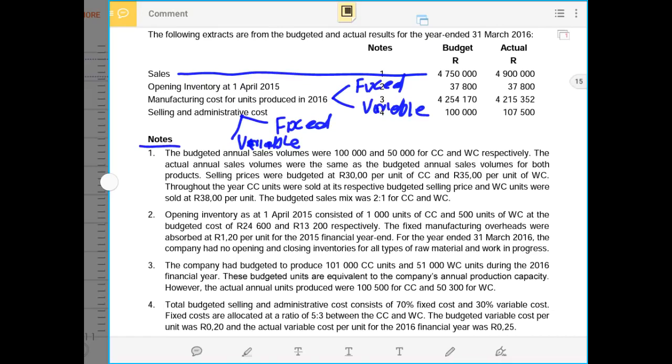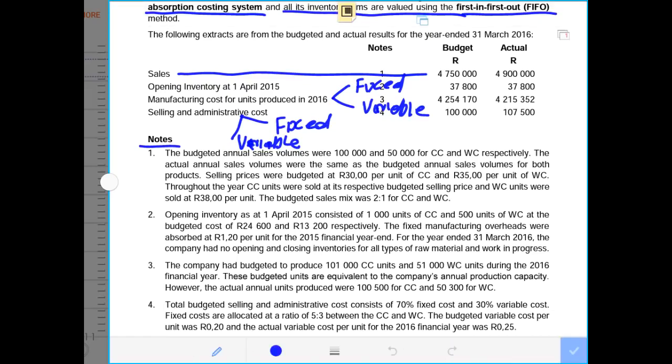So now let me start with note number 1. The first note says to us that the budgeted annual sales volume was 100,000 and 50,000 units for CC and whole wheat respectively. And they say the actual sales volume was as budgeted. So now meaning what we budgeted became the actual sales volume.